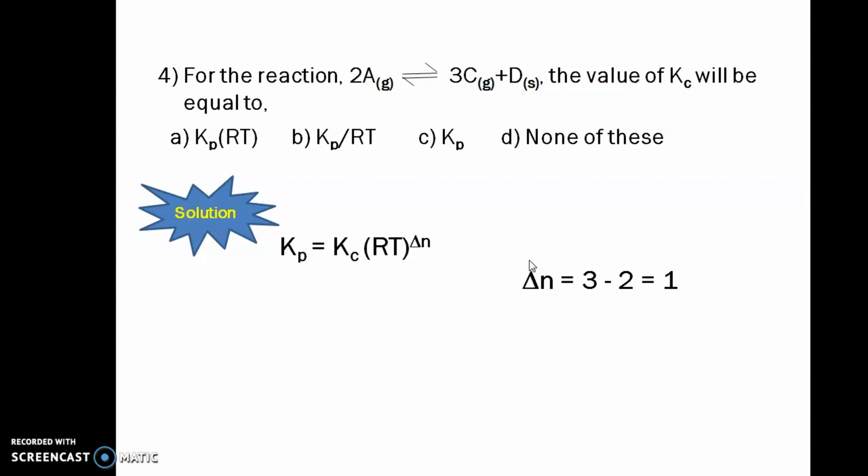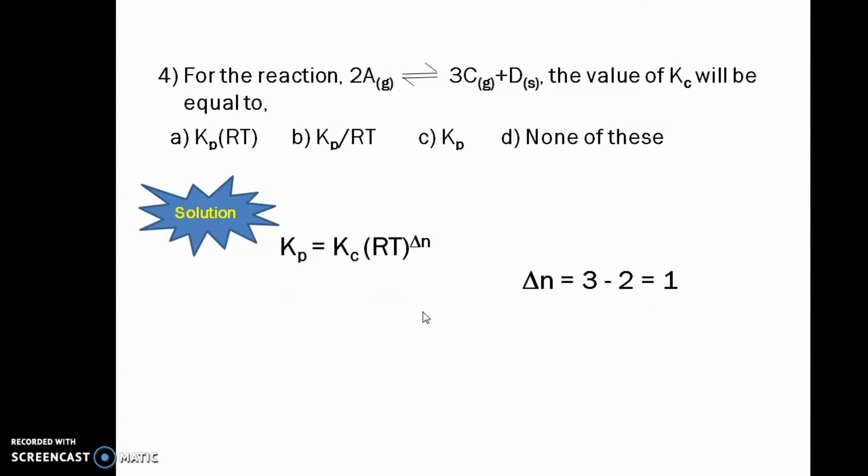So delta N value has to be calculated only for the gaseous compounds. So therefore, leaving D, we calculate the delta N value for A and C. So 3 moles of C minus 2 moles of A. So 3 minus 2 is equal to 1 here.